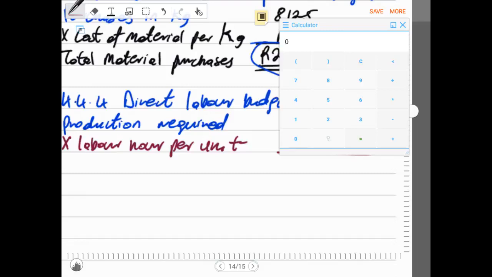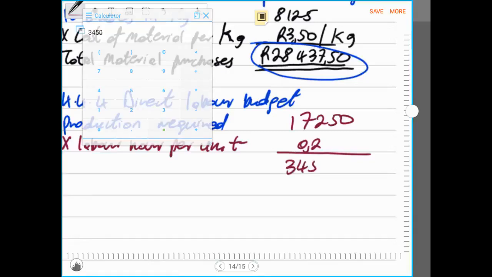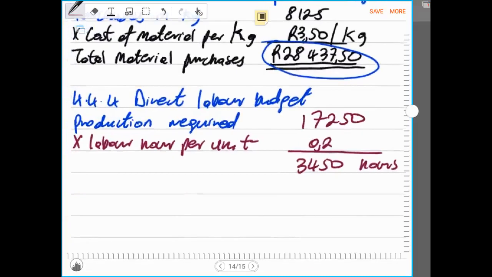Then we say 0.2 times 17,250. That will give us 3,450 hours, and that will be called total direct labor hours required.